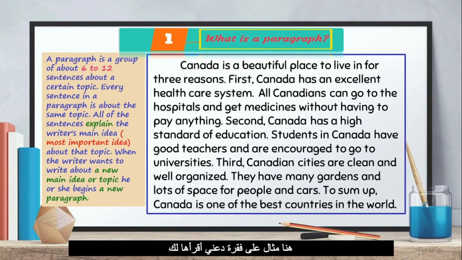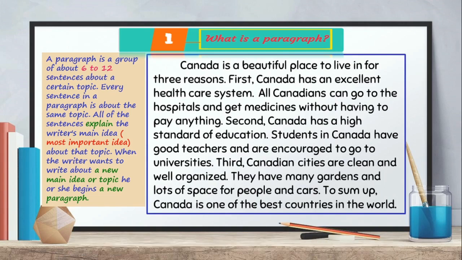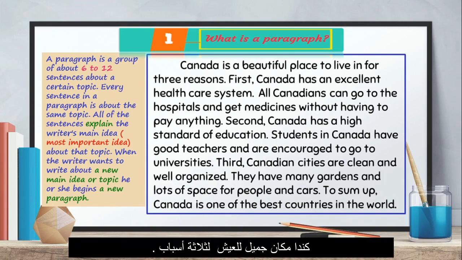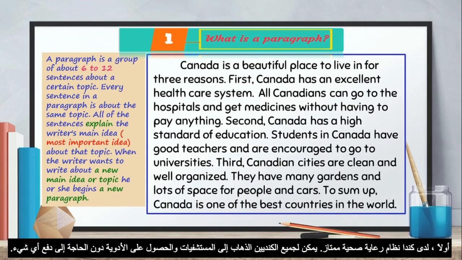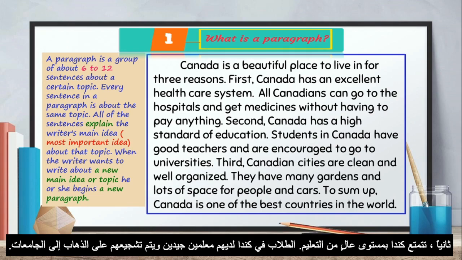Here is an example of a paragraph. Let me read it for you. Canada is a beautiful place to live in for 3 reasons. First, Canada has an excellent healthcare system. All Canadians can go to the hospitals and get medicines without having to pay anything. Second, Canada has a higher standard of education.